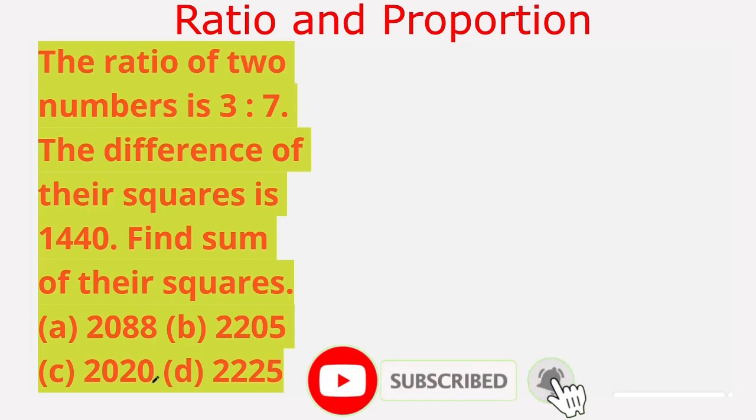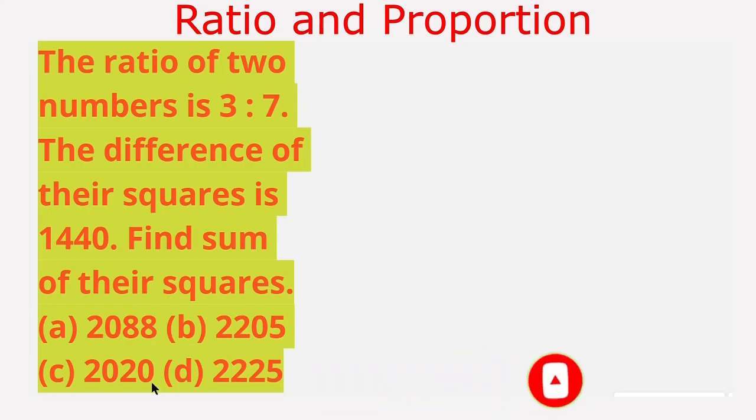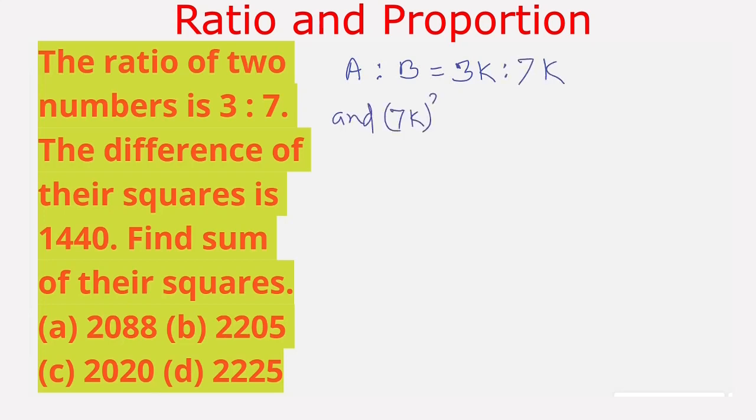Now we solve this question with the traditional method. Let the numbers be A and B. Then A to B equals 3k to 7k, and 7k squared minus 3k squared is given to us as 1440. 7k whole squared is 49k squared and 3k whole squared is 9k squared.